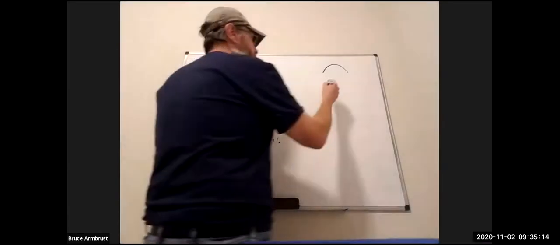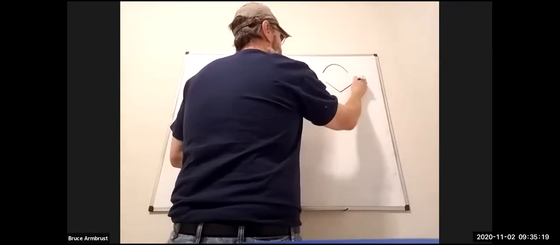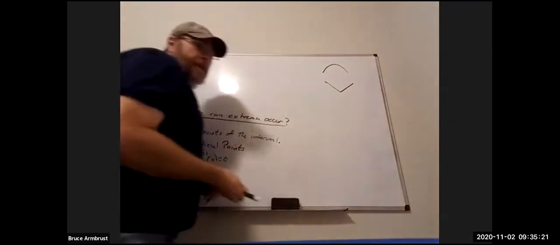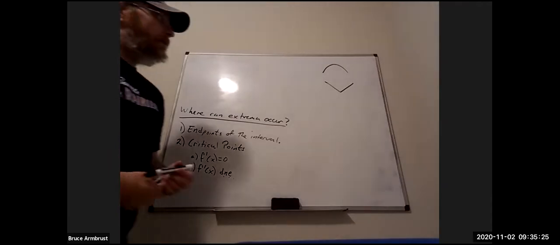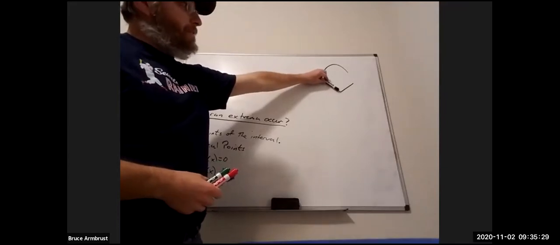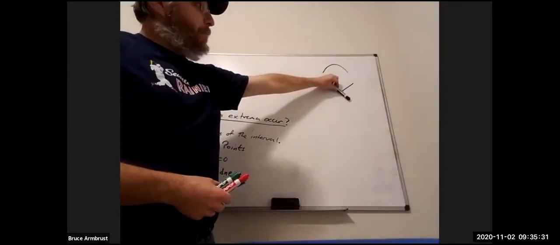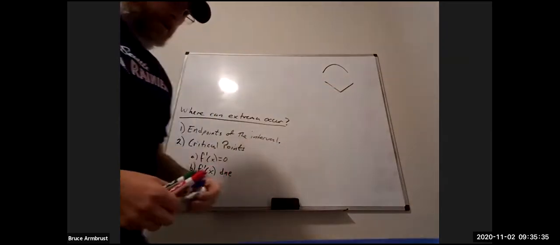But we also could get a max or a min with something like this. So think about the absolute value function. There's a minimum down there. So again, think about the tangent line. We get to that point, and then all of a sudden, there's a huge change in direction.